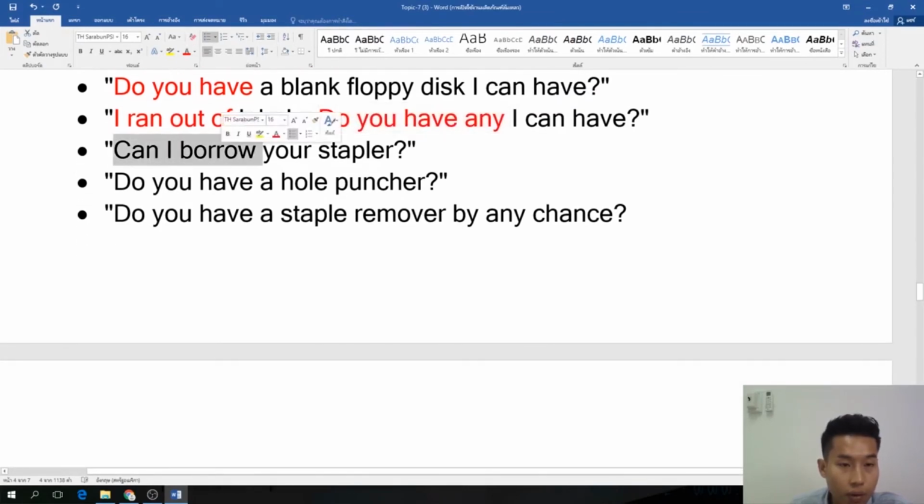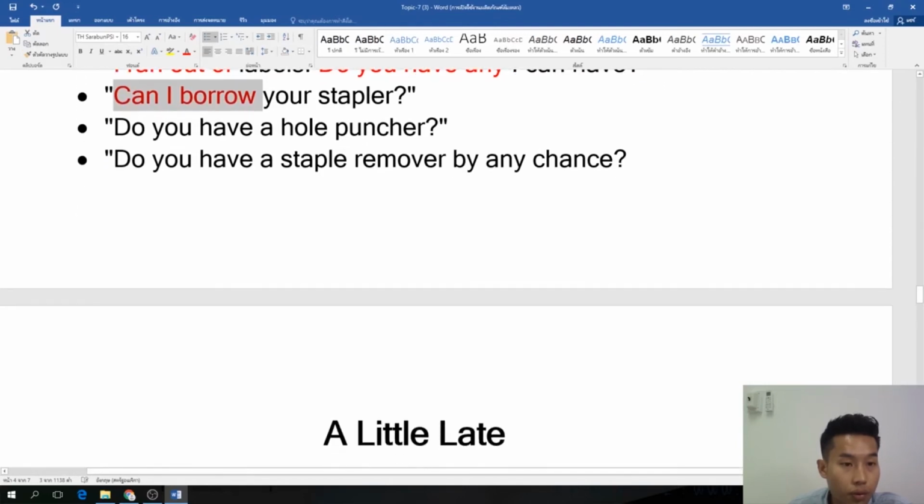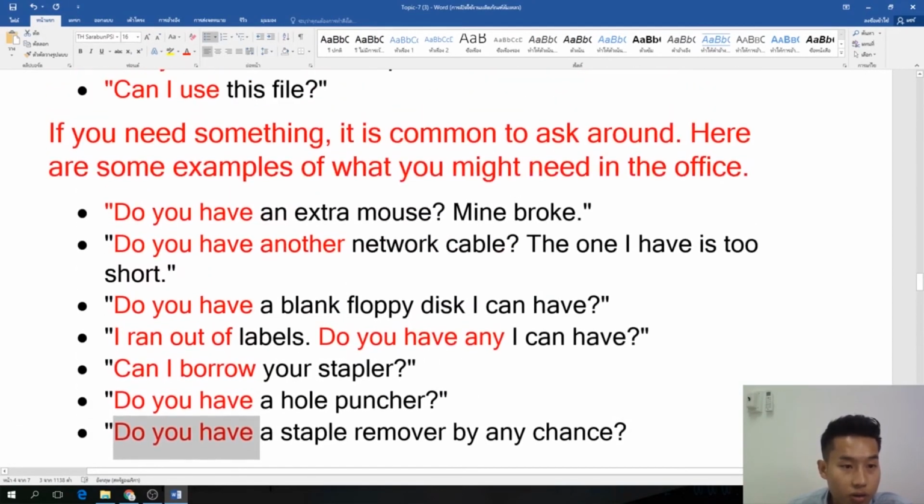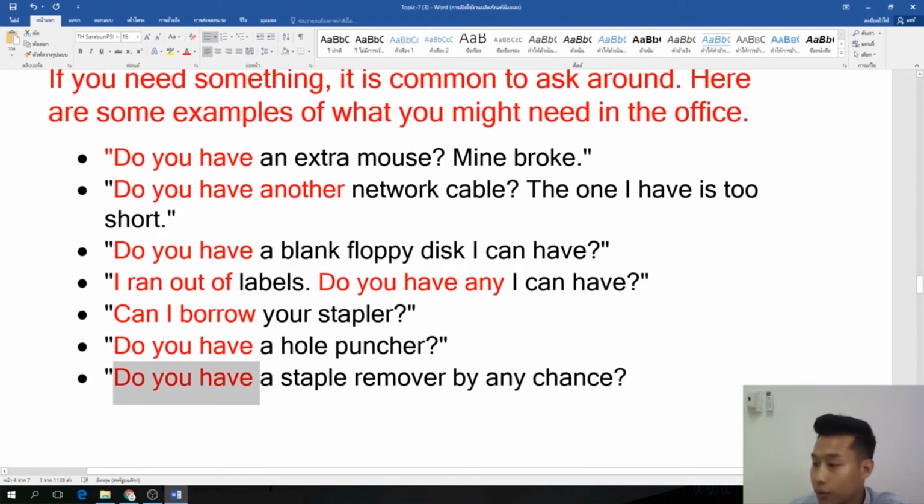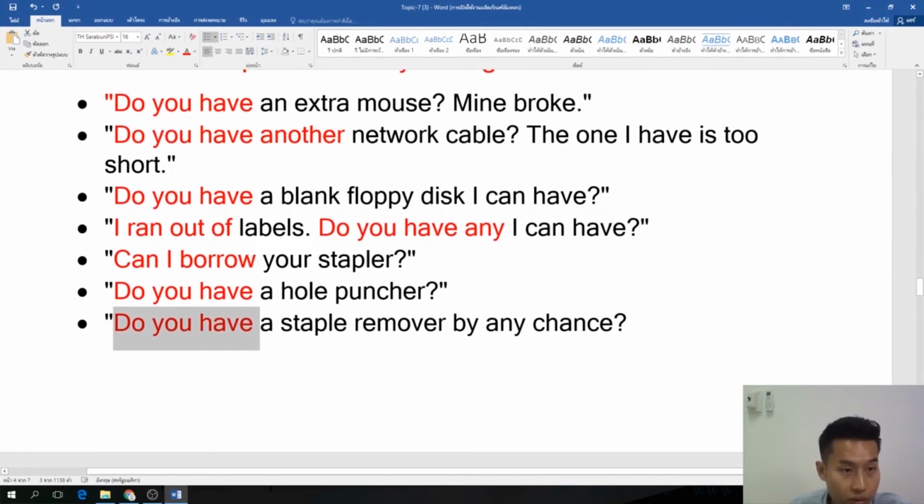Can I borrow? Do you have? Or do you have the same thing here? Okay, so we're trying to read one more time for this one.